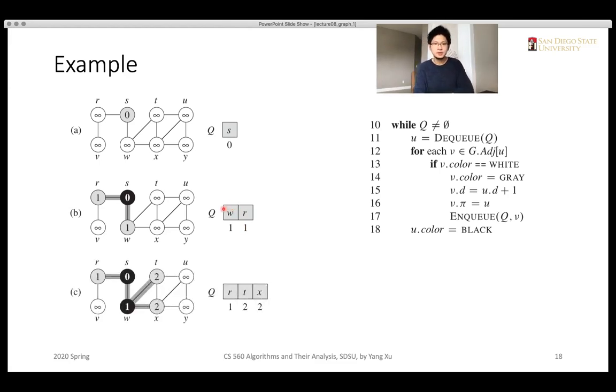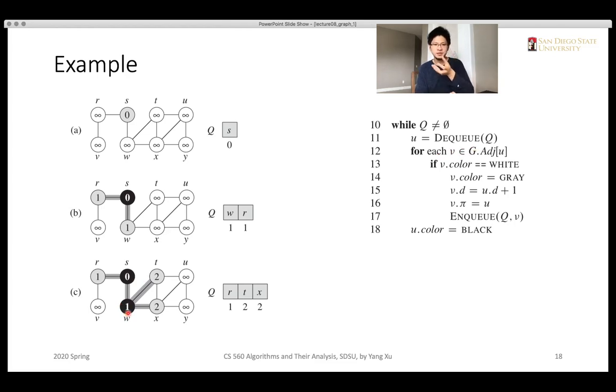The new head is W, so W will be dequeued within the next iteration, and all the adjacents of W will be visited.